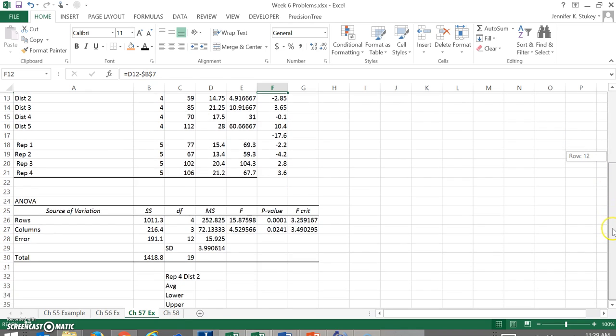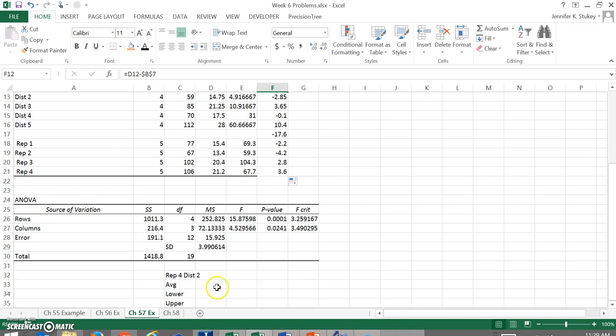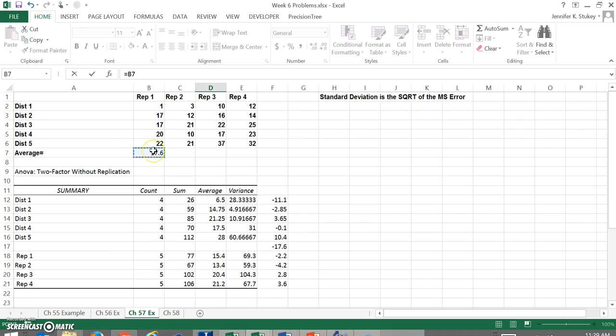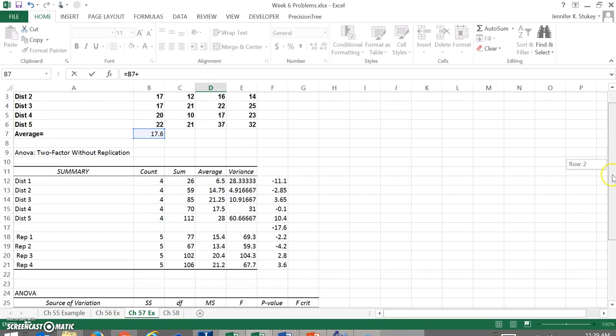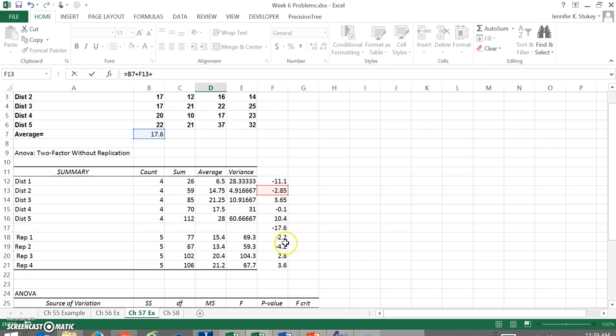Now to do the average for representative 4 in district 2, we are going to take the overall average plus this deviation for district 2 plus this deviation for representative 4.